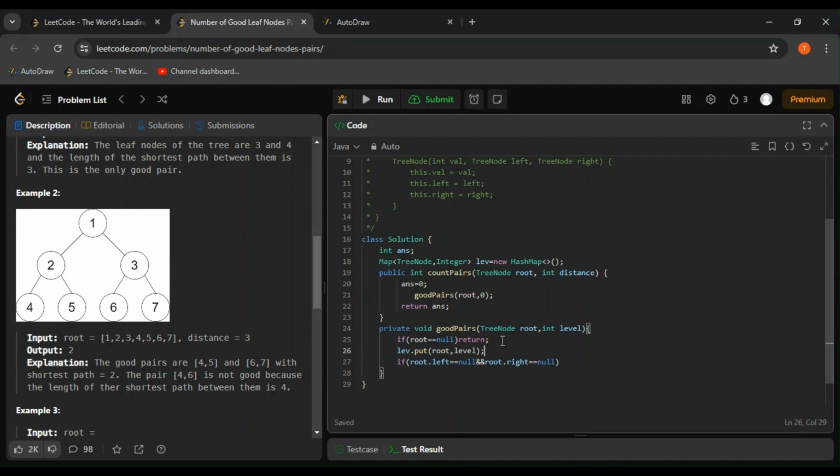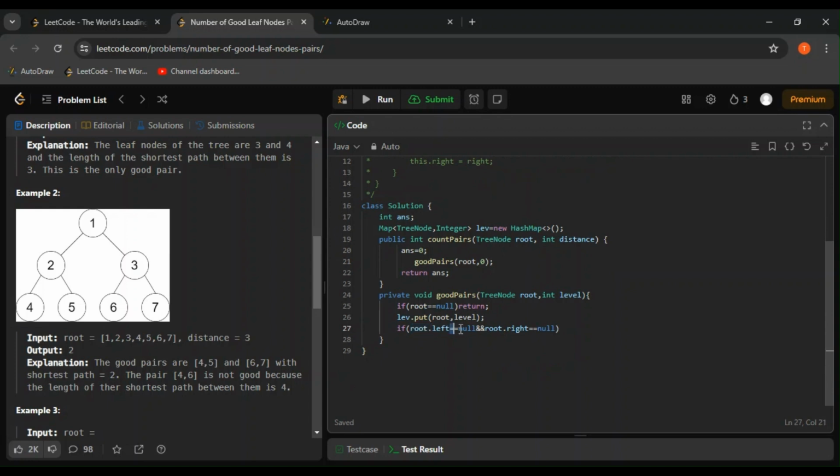Problem is, yeah, I think I got it. So if both are null, meaning this is a leaf node, return new array list. How do I just put something in this?